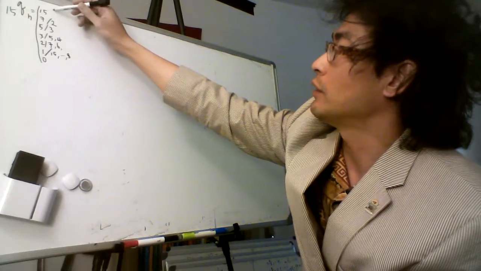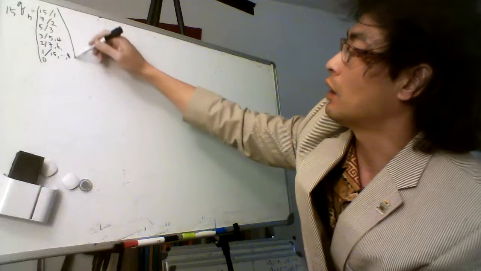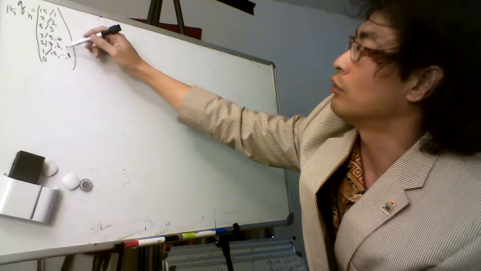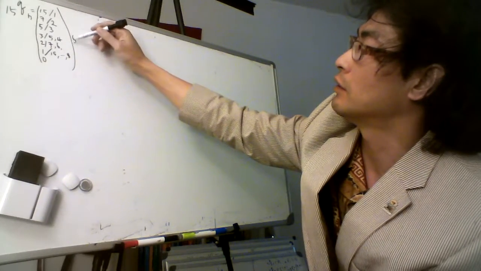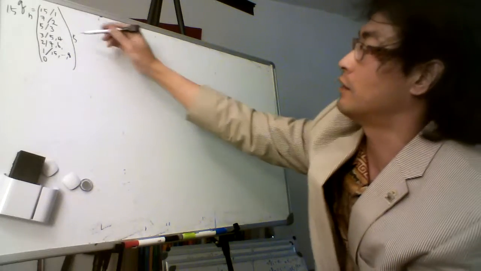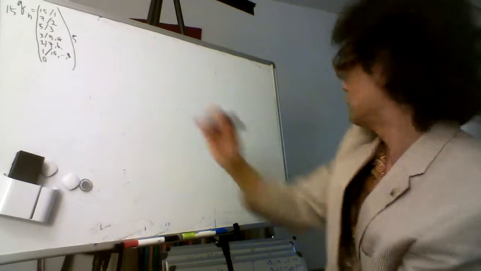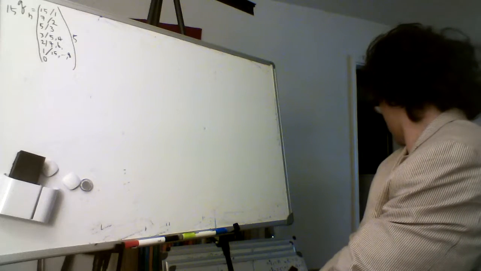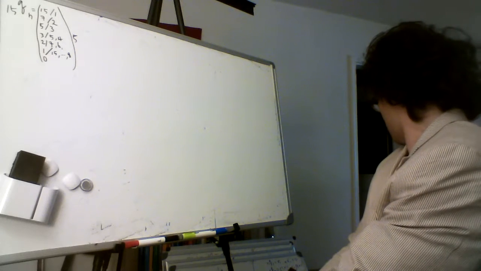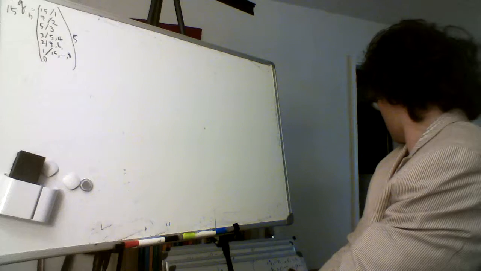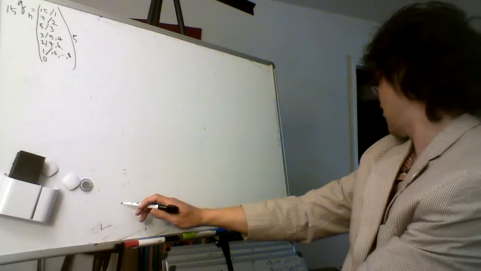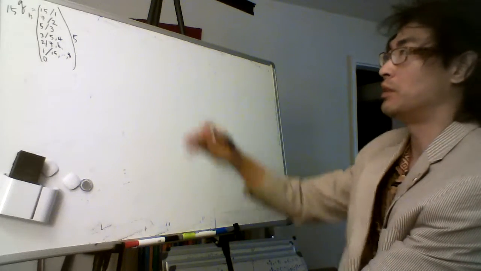Now we have 15 and 1. So how many middle groups are there? 1, 2, 3, 4, 5. So far we have four 5s. I'm going to write down the sequence, the middle group sequence.